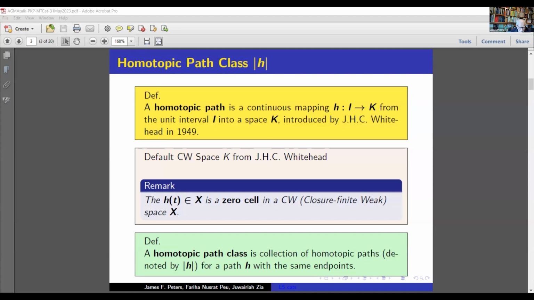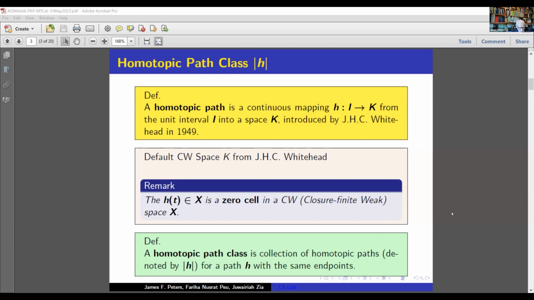Well, you're welcome. Okay, then anyway, actually all of this comes back to Whitehead's work in 1949 on homotopy systems. And this notion of CW space that Whitehead worked in leads to the notion of, in his space, you had things called zero cells, which have a geometric realization as points in a Euclidean space.